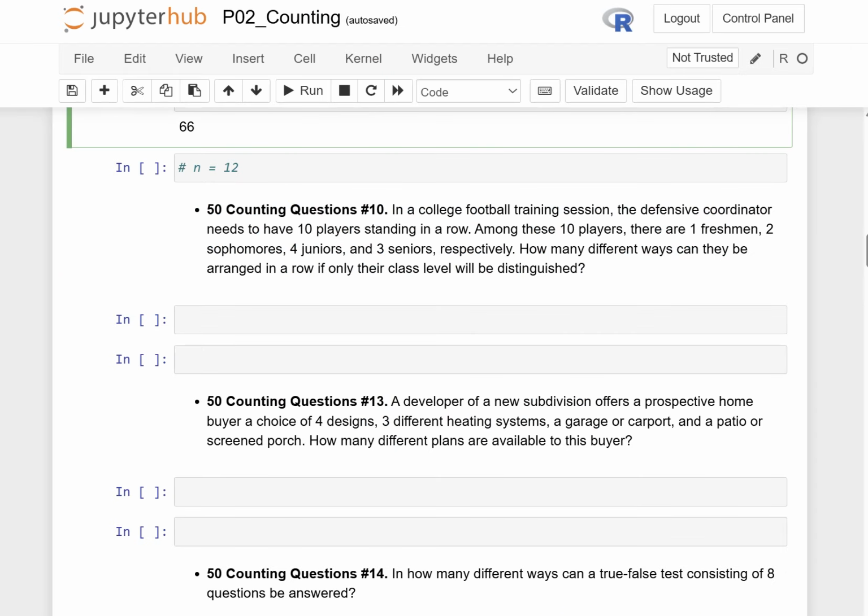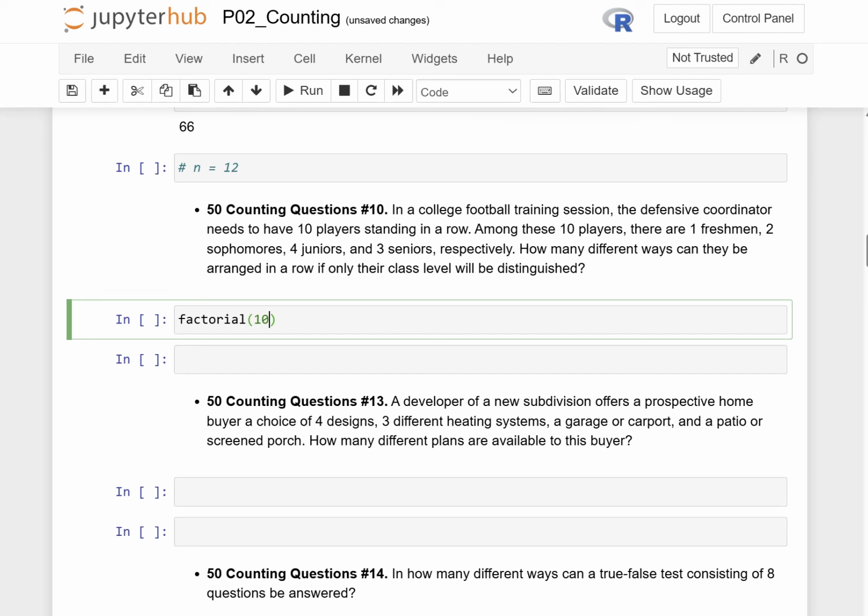Okay, and so here, remember, we're always able to do factorial, right? And then we can divide by these factorials.